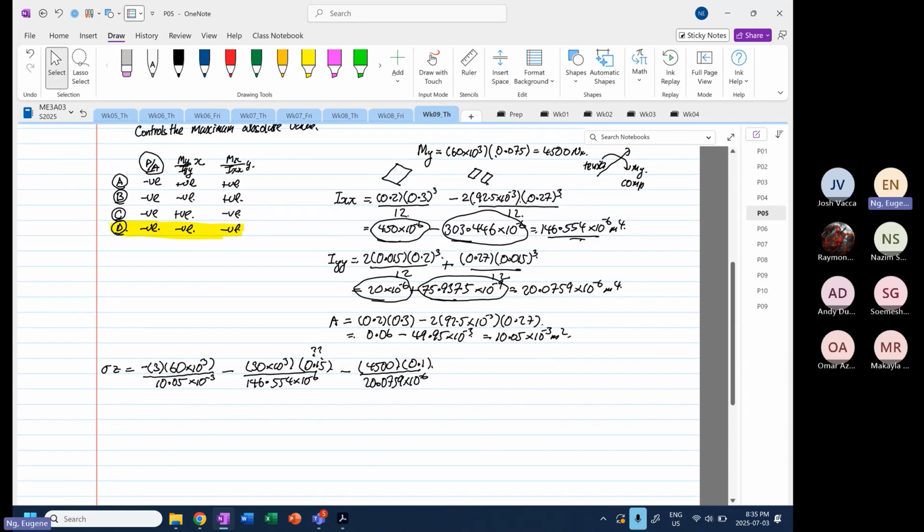Okay. So this in turn will be equal to 3 divided by 10.05 to the power minus 3, minus 17.91 times 10 to the power 6, minus 30.705. I'll do it again.